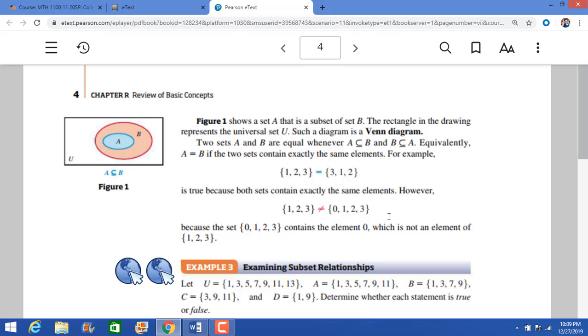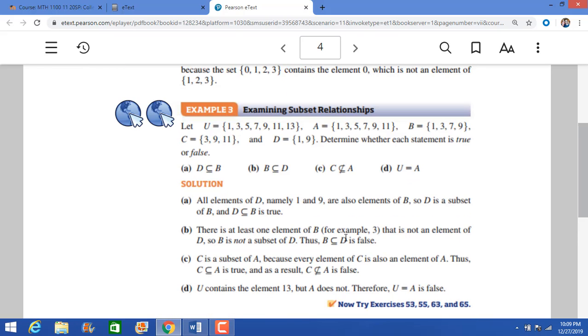You can have two sets that are the same size but are not equal, so you've got to be careful with that. In this case, these are not the same. And of course, we can see that 0 is not an element of the first set, so therefore they can't be equal.